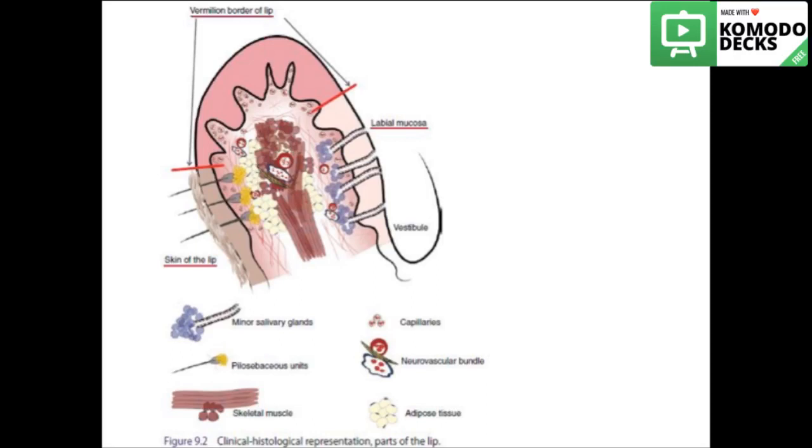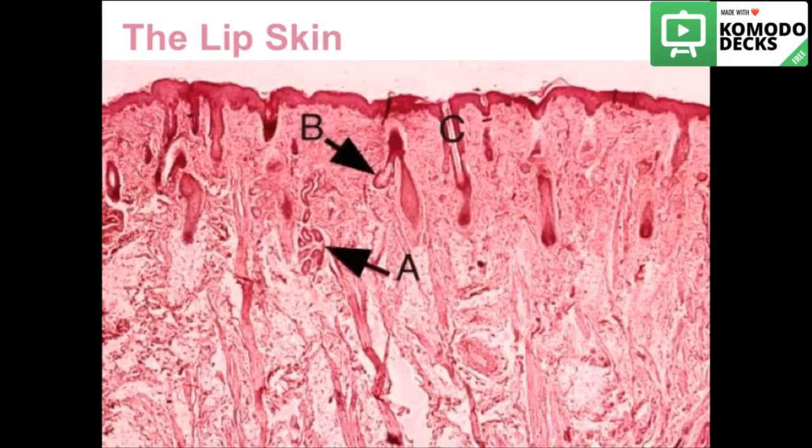The labial mucosa is non-keratinized with many minor salivary glands. So A showing the sweat glands, B are the sebaceous glands, and C are the hair follicles. This is a section of the lip skin.